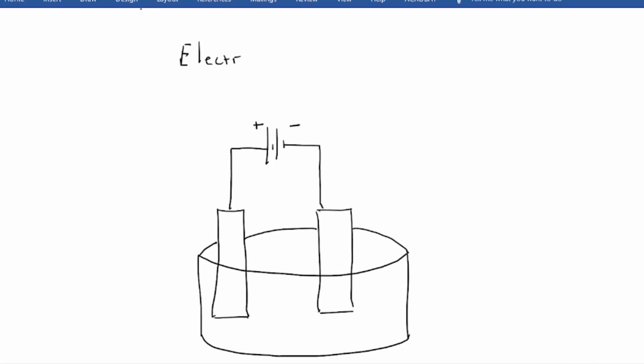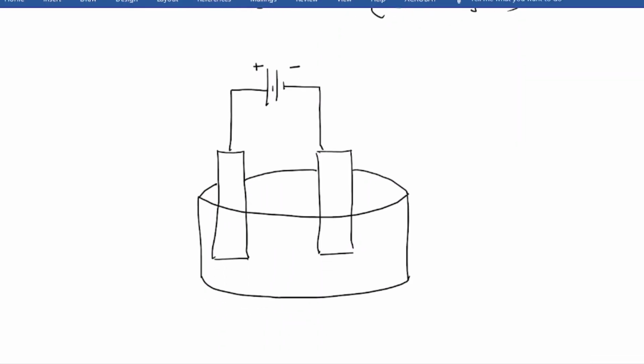The process that we'll be dealing with today in this electrolytic cell is called electrolysis, which is a process of breaking down compounds into their ions, since we said we'll be breaking down sodium chloride into its ions.